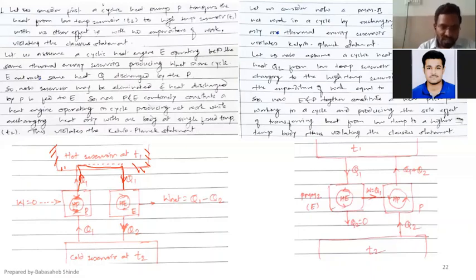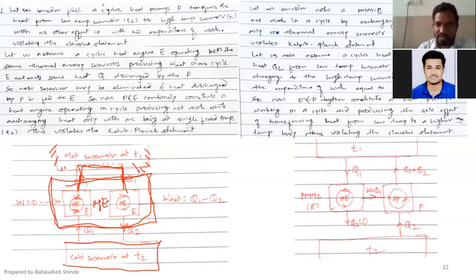Now, if I connect those two together, they will act like a heat engine. And what this heat engine is doing is exchanging heat with a single reservoir and producing net work output.